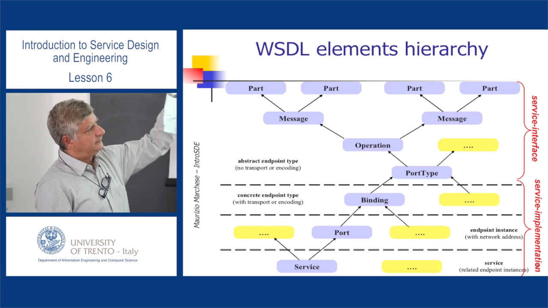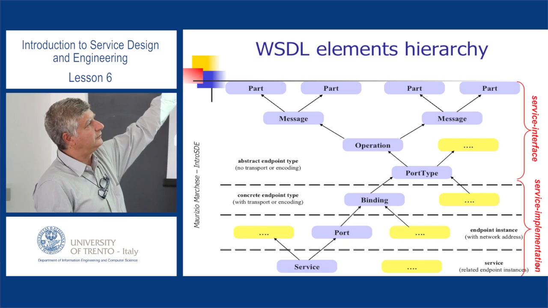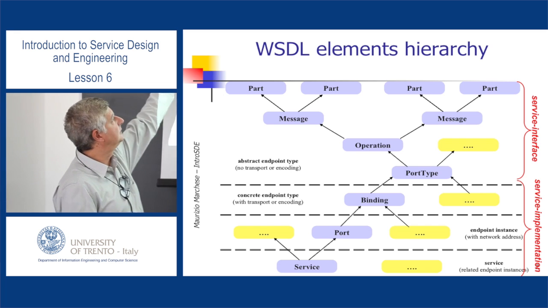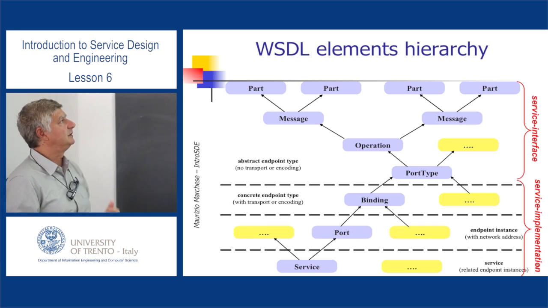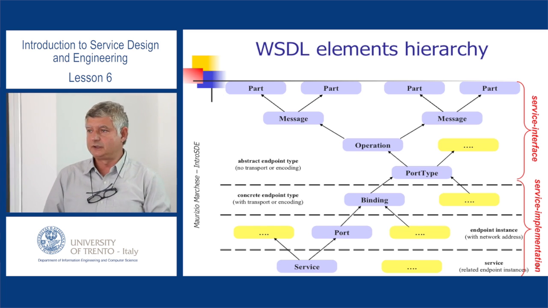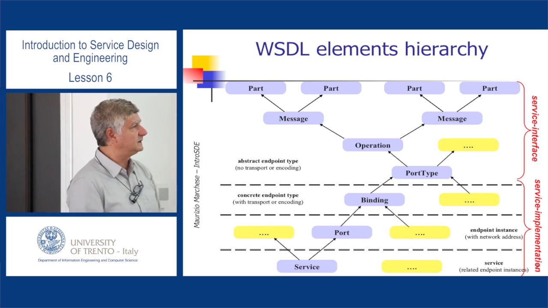So this is done following the pictures as before. On top, we have the service interface, so the abstract endpoint typing. There is no information about how we want to transport and how we want to encode the messages.